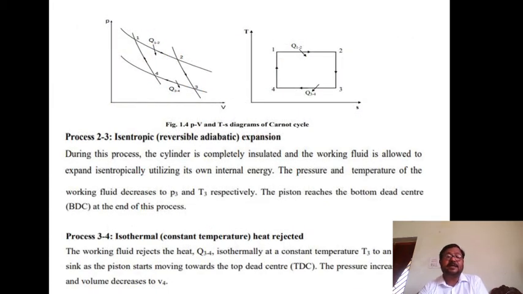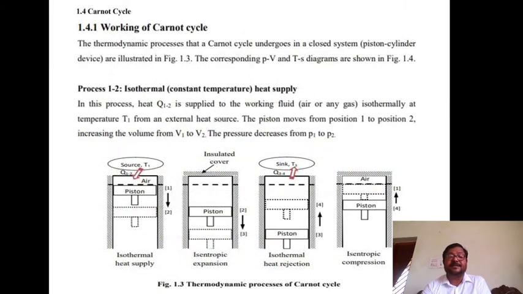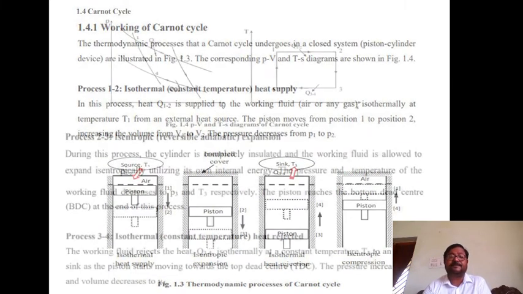Then process 3 to 4 is the isothermal heat rejection process. Heat rejection takes place as the piston moves from top dead center to bottom dead center.